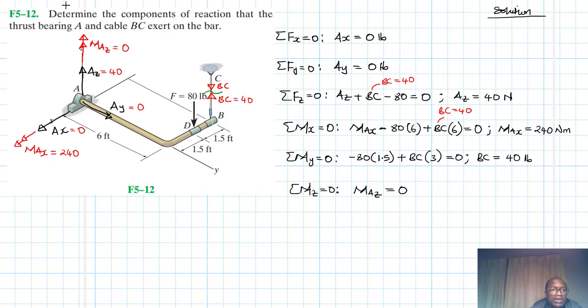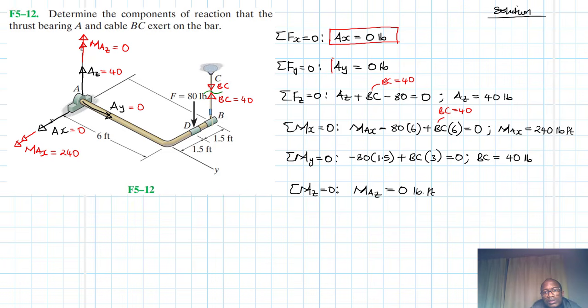So everything seems fine. Let me just correct the units. These ones are pounds, pounds, and pounds feet. Great. So we have AX is equal to 0.